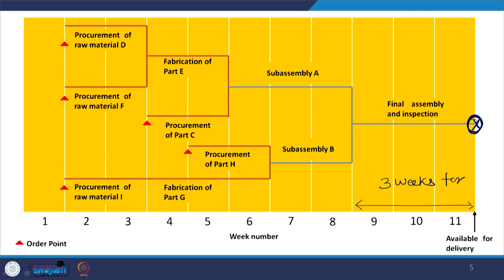So, once sub assemblies A and B are available to you at the end of the 8th period or in the beginning of the 9th period, then you take 3 weeks for final assembly and inspection of item X. Now, assembly A is taking 3 weeks, assembly B is taking 2 weeks.